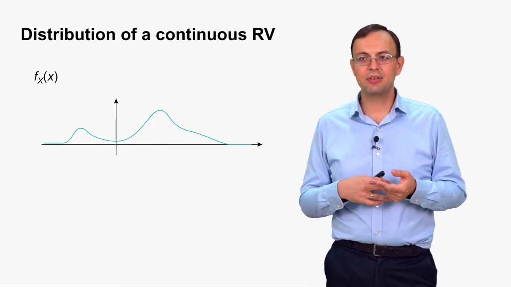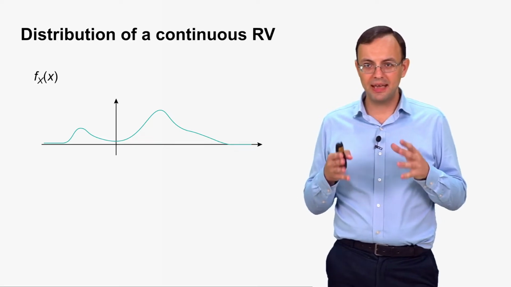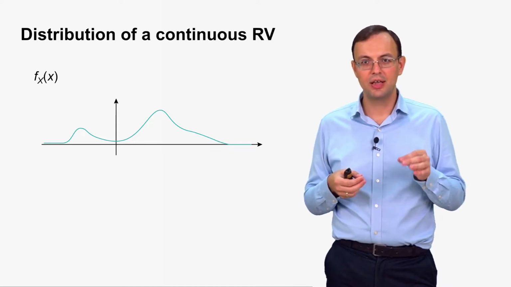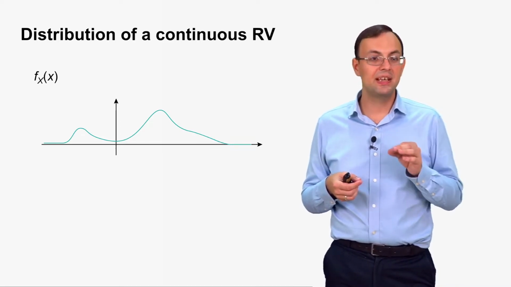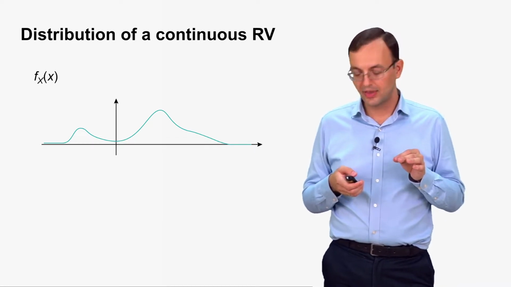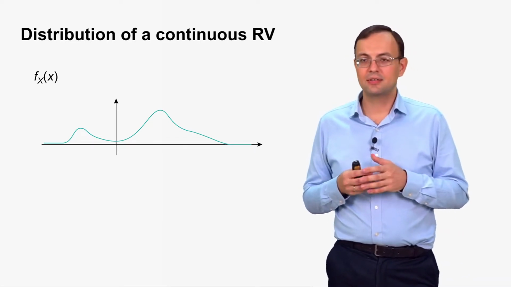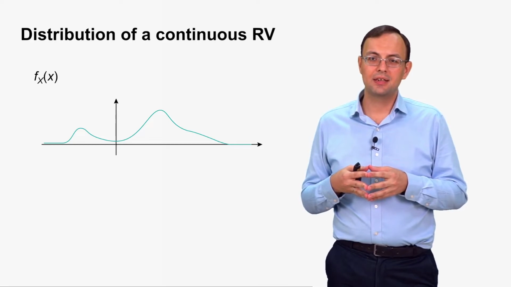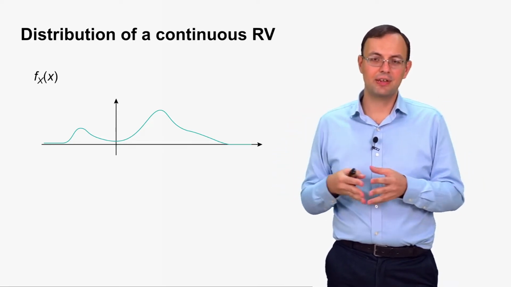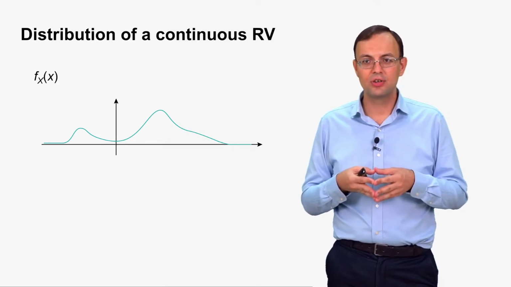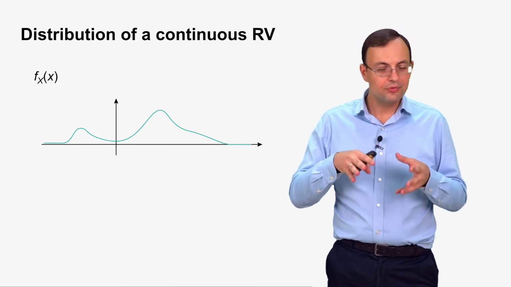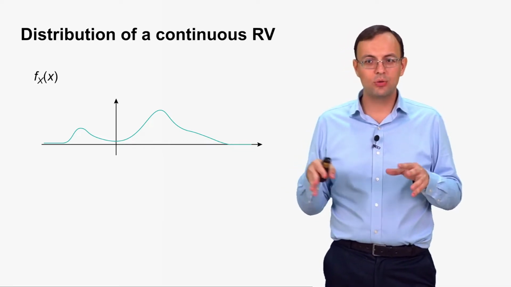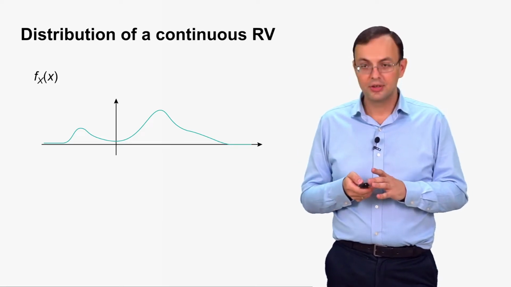So for continuous random variables, the main way to describe its distribution is a function called PDF, probability density function. This is a function that can look like this figure you see now, and looking at the plot of this function, you can understand which values are more often for this random variable, which are more rare, and which are impossible for it.